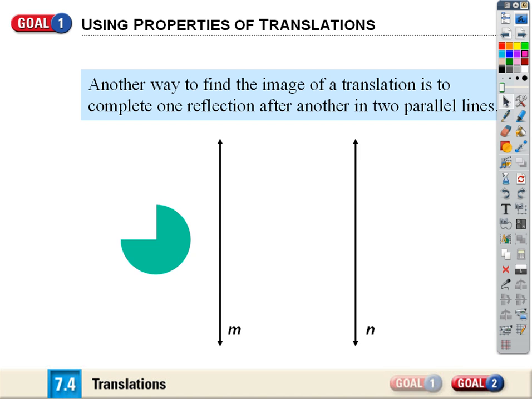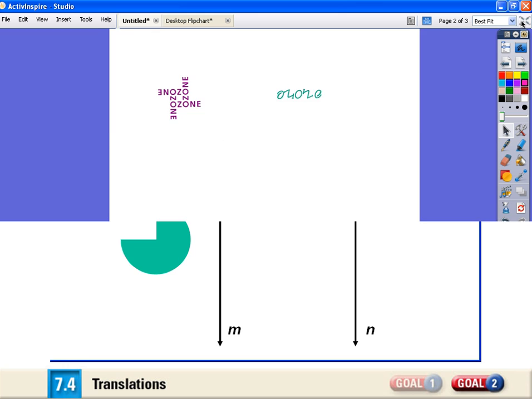Okay, let's go back to that idea from the last section. Remember we said that if I take two lines of reflection and I do a double reflection, that's the same as a rotation, right? Everybody agree? So if I take, for example, I'm going to try to draw this. Don't laugh at me. It's probably not going to be very good.